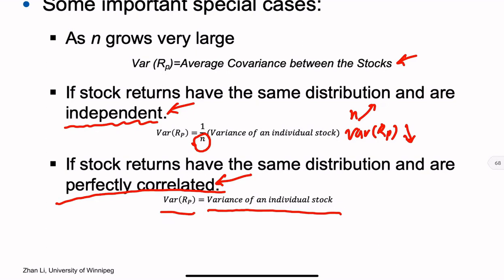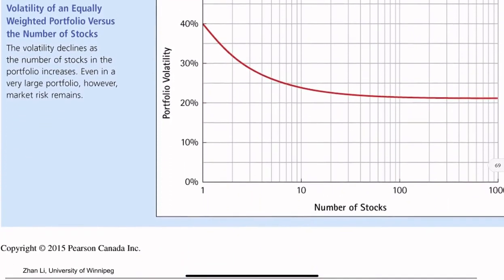So you can see that in reality, you will fall between these two extreme cases. That is, as you add more stocks into your portfolio, the variance of your portfolio will decrease. However, there is some limit to this diversification effect. Okay, now let's see.